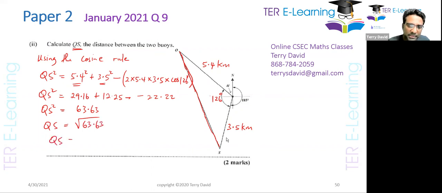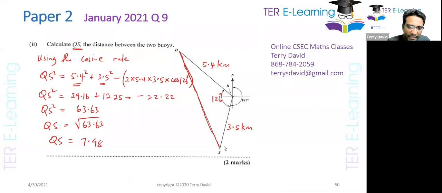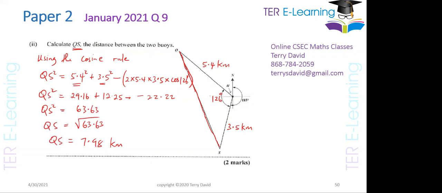So I'm going to just press second function square root, and I'm going to get 7.98 kilometers.